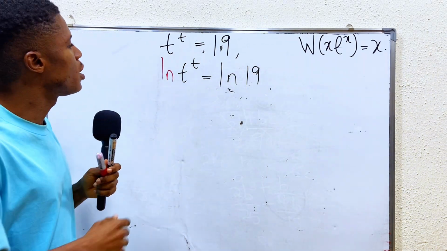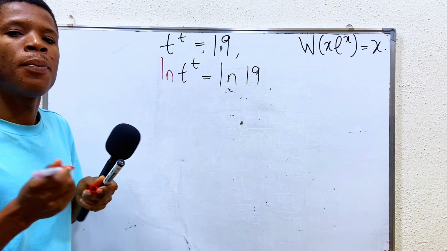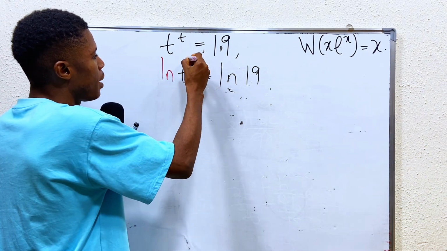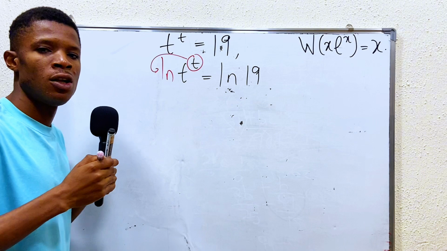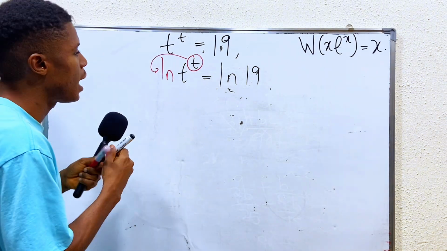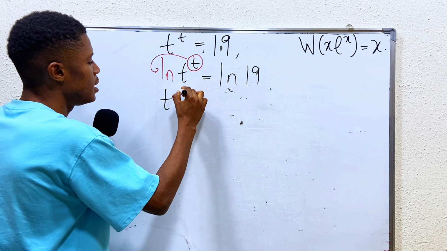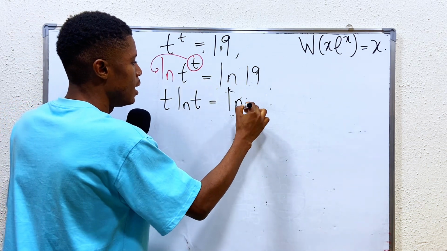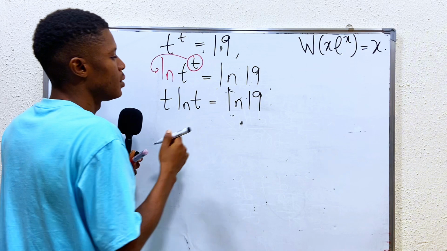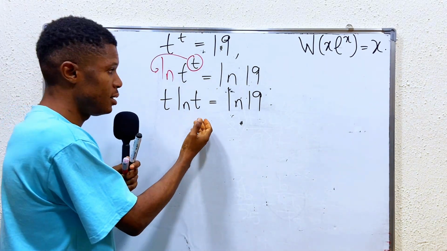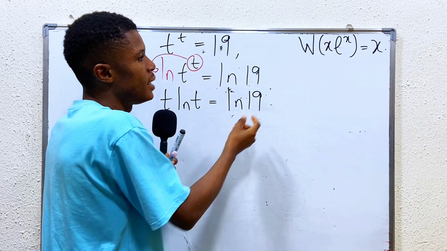The rule of logarithm allows us to multiply the power to the log. If you apply this, you now have t ln t is equal to ln 19.